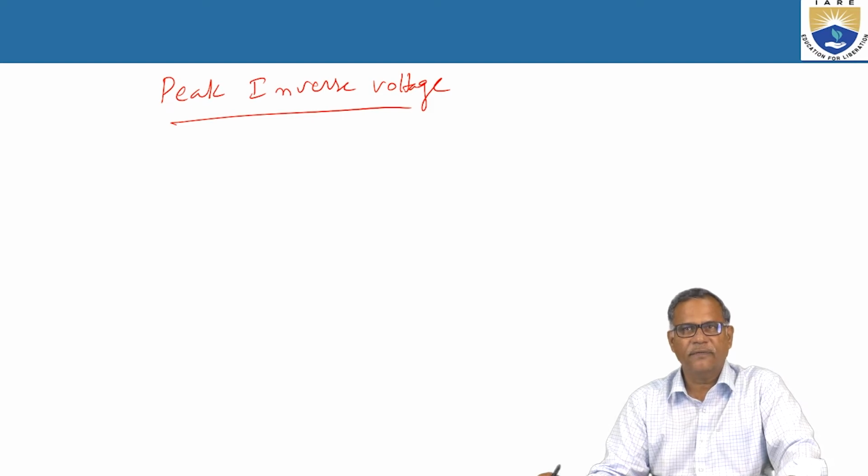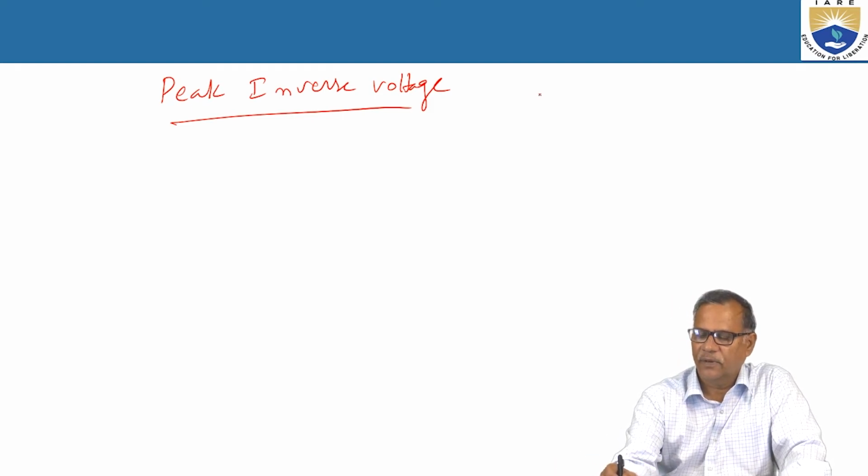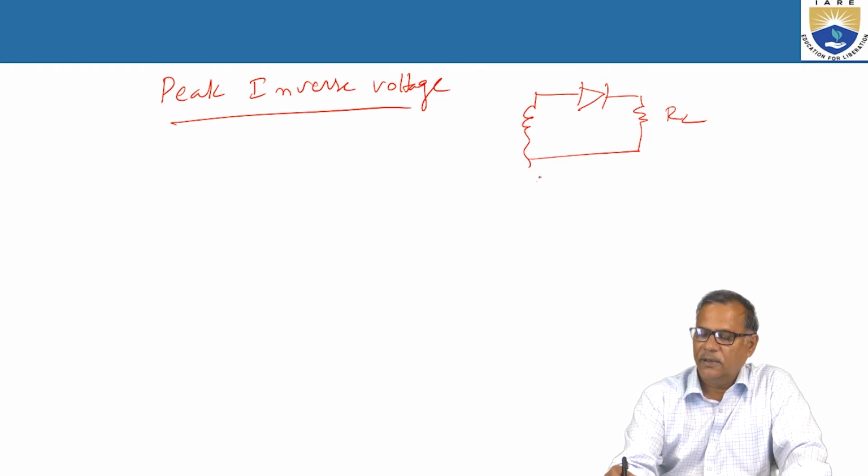So for a half-wave rectifier, what is the peak inverse voltage? Here is a half-wave rectifier with the load resistor RL and the transformer secondary coil, and the voltage is Vm sine omega t.